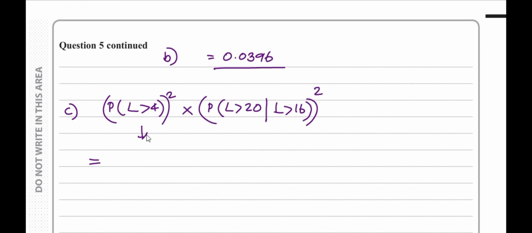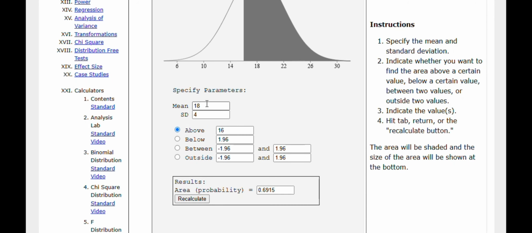Putting this in our normal distribution calculator, mean 18 hours, standard deviation 4 hours, above just 4 hours. That will give us 0.9998.